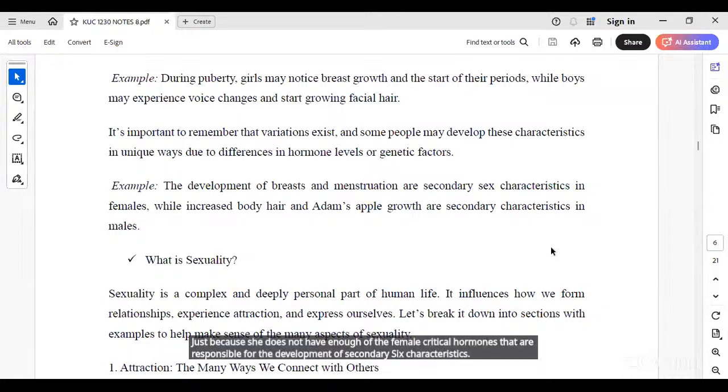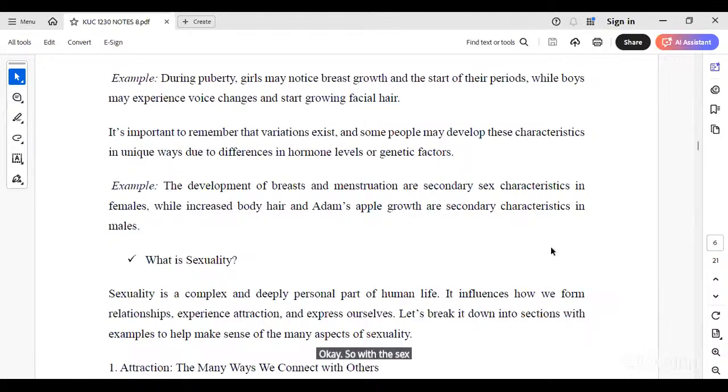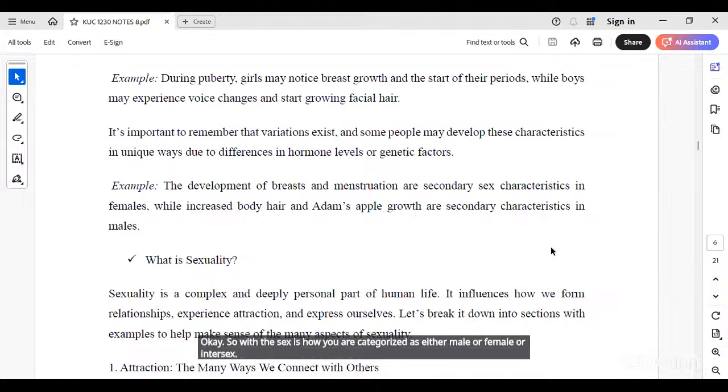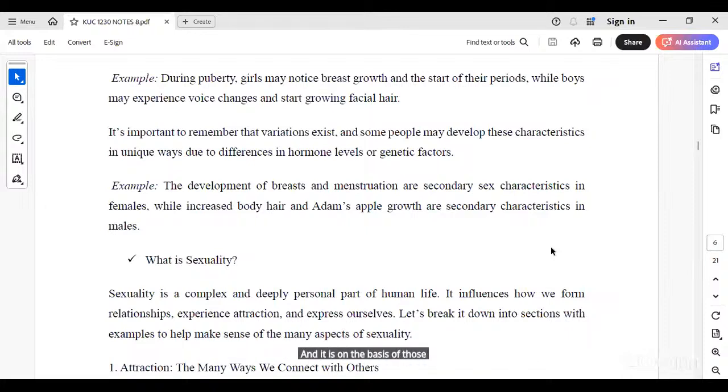Okay, so with sex, you are categorized as either male or female or intersex. And it is on the basis of those three things: either the chromosomes, the genes, the level of hormones that you carry, or your anatomy, the way they look at you.